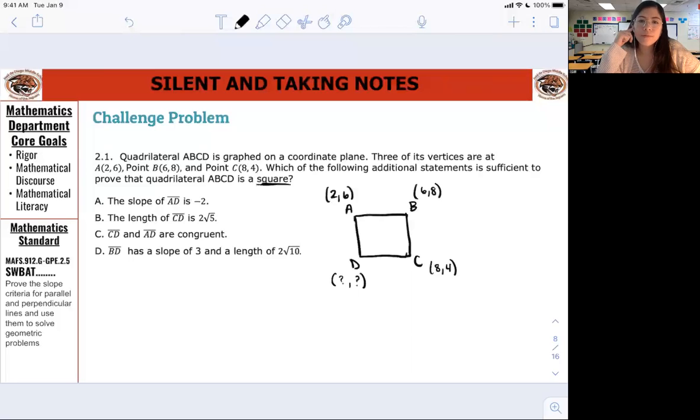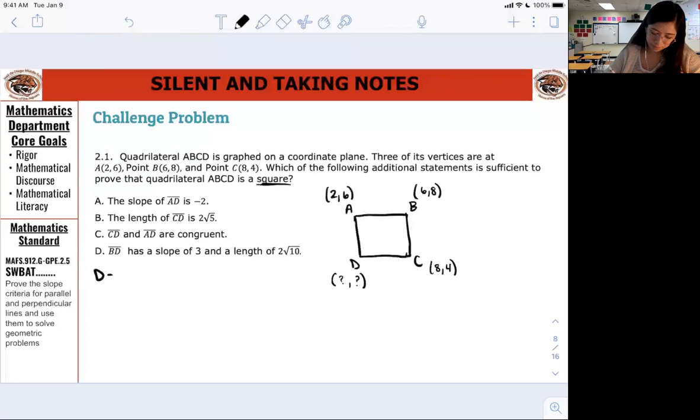I was going to say distance, to see if there are congruent sides for the other three. Yeah, definitely. We can check to see if the distances are going to be equal, right? So, first of all, I need to remember my distance formula. What is my distance formula?